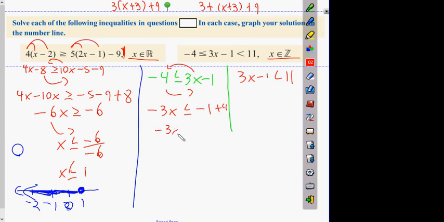Minus 3x less than or equal to plus 3. You're dividing by minus 3. X equals 1. Change the sign. You got to change the sign. And it's going to be 3 divided by minus 3, x equals 1. Minus 1. Greater than minus 1.